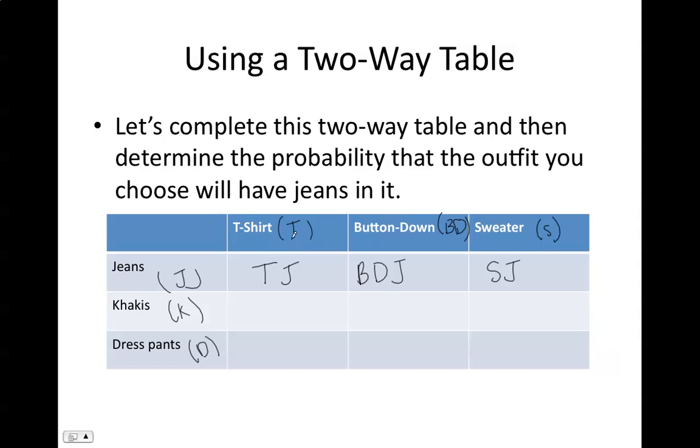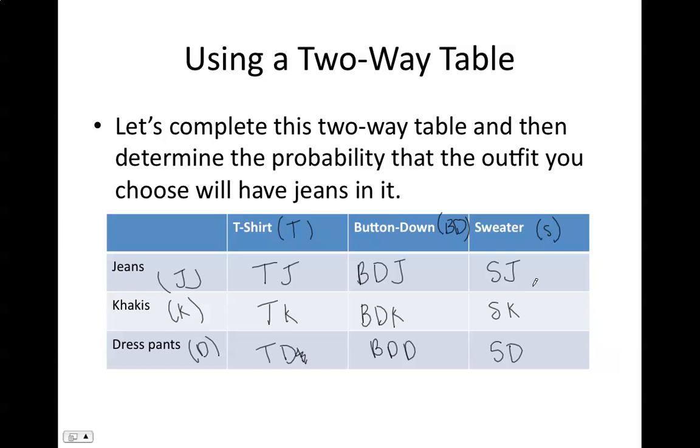Now I move on. Again, the t-shirt and the khakis, the button-down and the khakis, and finally the sweater and the khakis. The t-shirt and the dress pants, the button-down and the dress pants, and then finally the sweater and the dress pants.